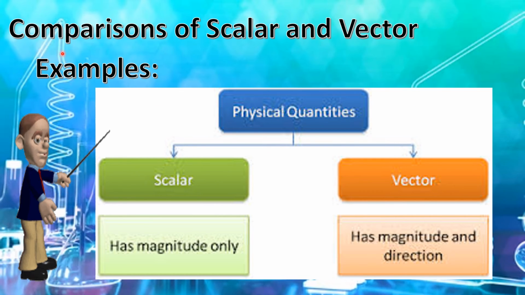So remember, when comparing scalar and vector, scalar, again, has magnitude only. Magnitude refers to size only, but has no direction. But a vector has magnitude or size and a direction.